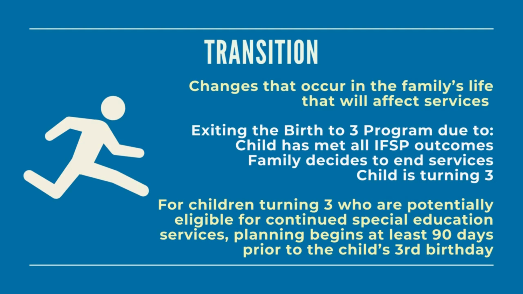This always involves planning and a written transition plan. For children turning 3 who are potentially eligible for special education services in the school district, additional planning with the district is required, starting at least 90 days before the child's 3rd birthday in order to promote a seamless and supported transition for children and families.